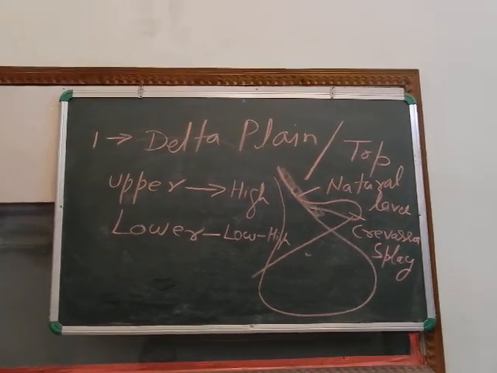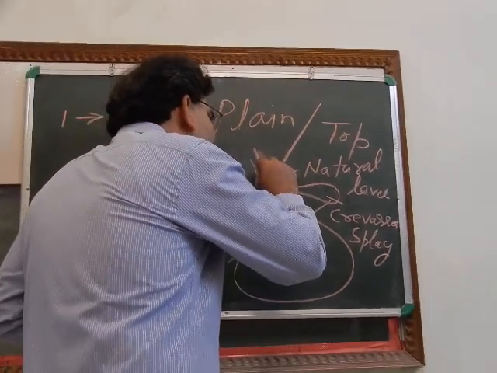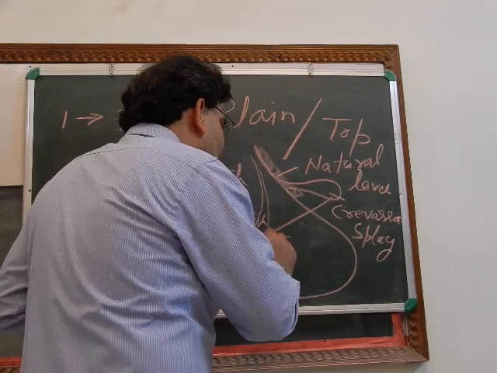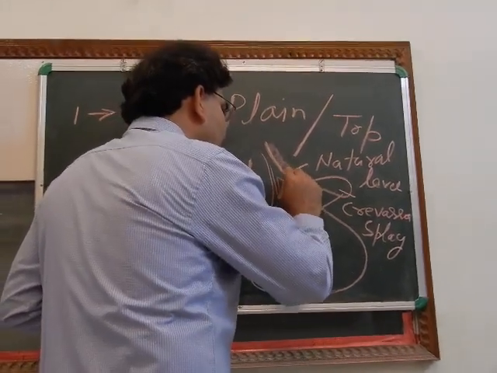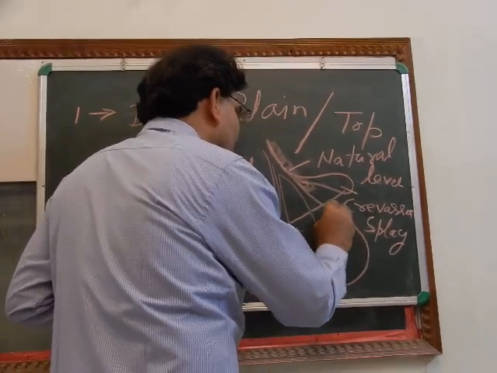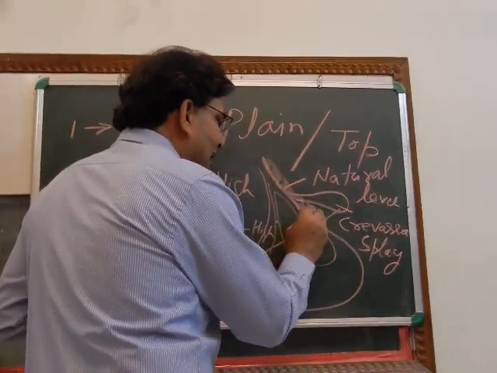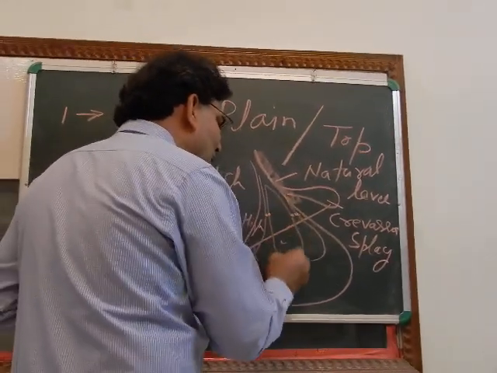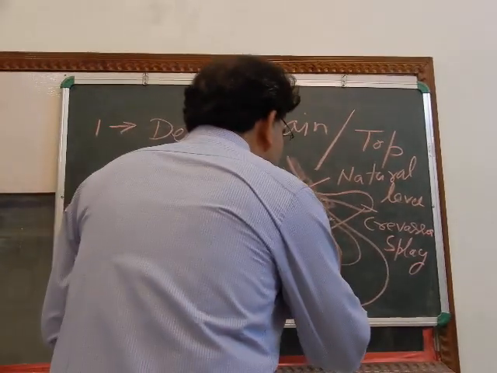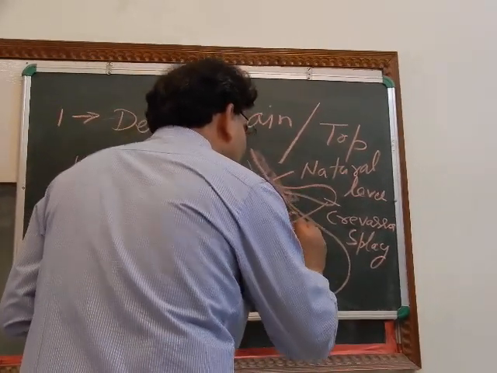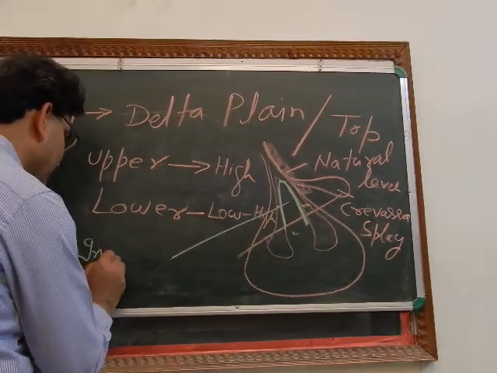And a number of distributaries are formed which distribute the sediments and the water. So this is one distributary and this is another distributary. The space between two distributaries is known as the interdistributary bay.